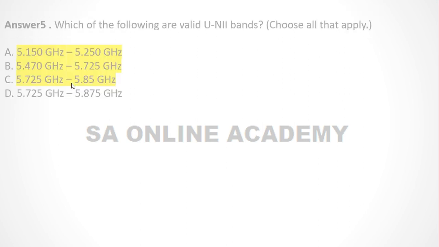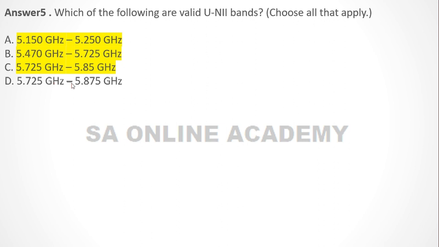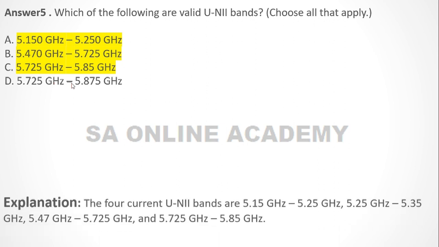The correct answer is option A, B, and C. So the four current UNII bands are 5.15 GHz to 5.25 GHz, 5.25 GHz to 5.35 GHz, 5.47 GHz to 5.725 GHz, and 5.725 GHz to 5.85 GHz. Okay.